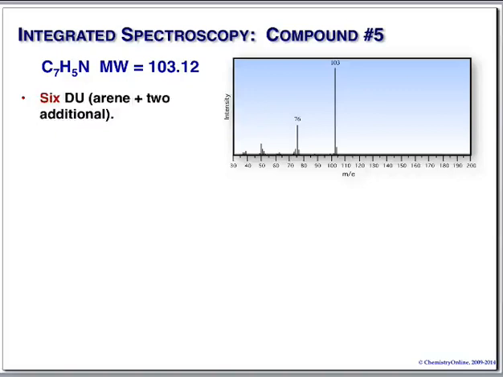When we look at our mass spec, we see a molecular ion. It's the base peak, highest peak. And we see an M-15. But that's it. Is that 15? No. No, what is that? 27? 27, okay, that's true. M-27.